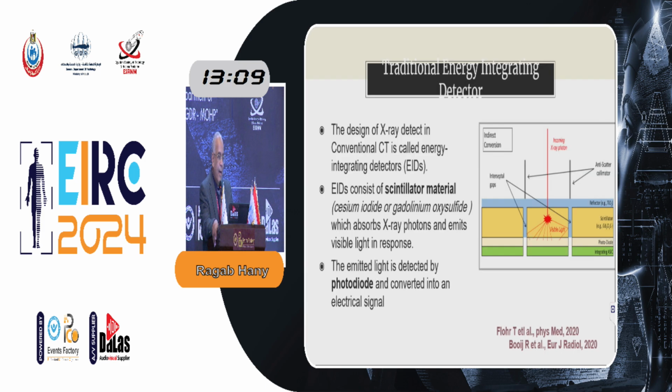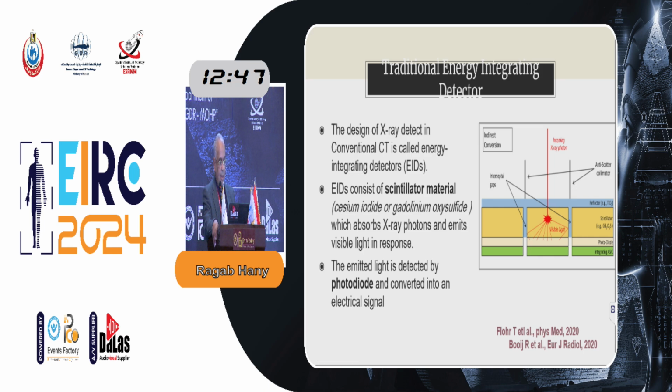You know the design of the conventional X-ray detector, which is called energy integrated detectors. As you can see here, the X-ray beam hits the scintillator, which converts the X-ray beam into light.